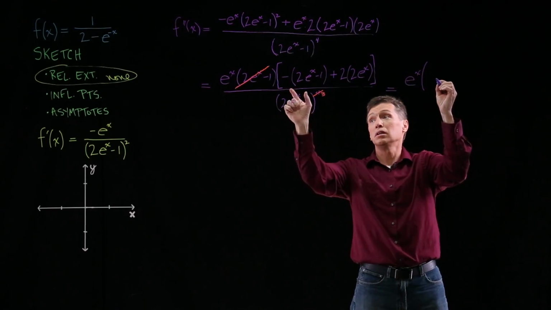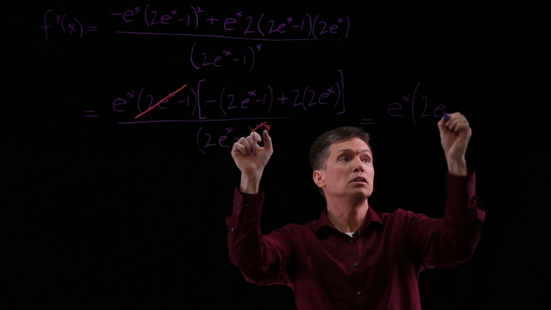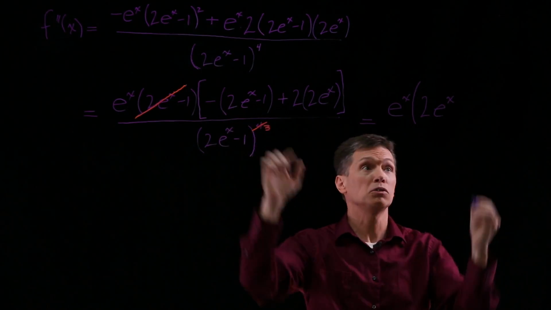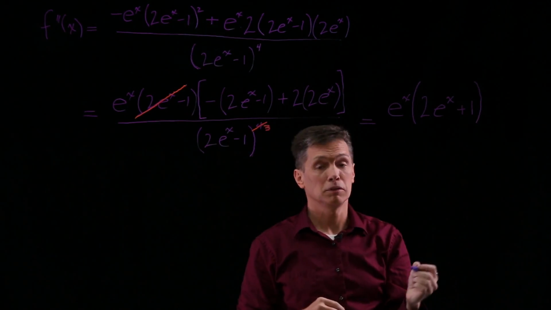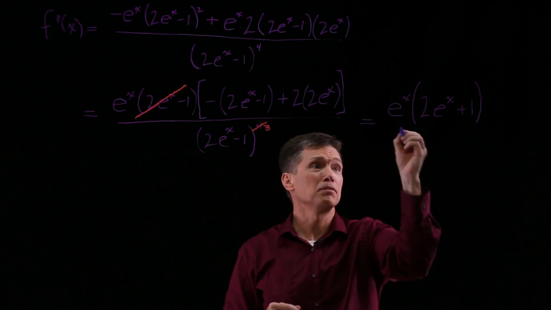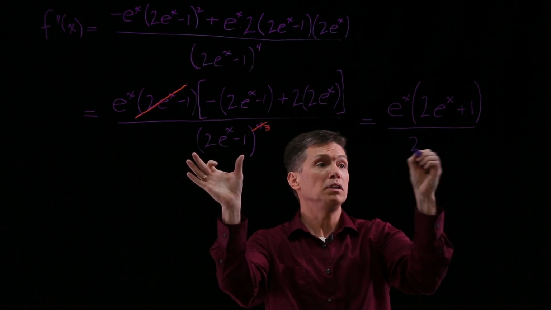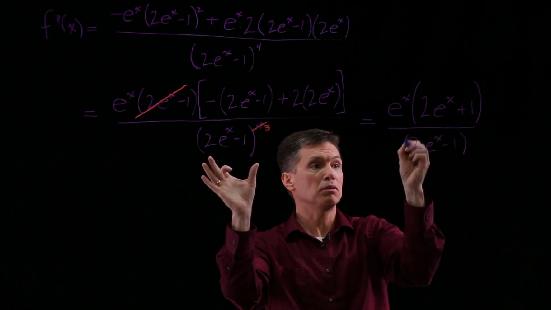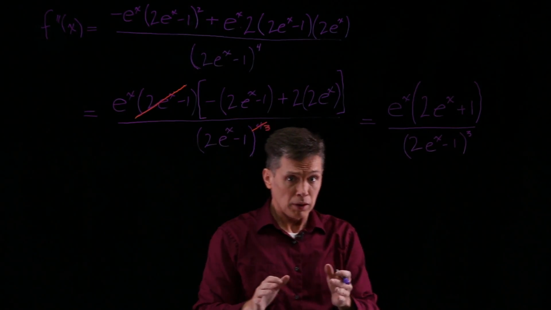So that's going to be 4, take away 2, 2 e to the x. All right? And then minus a minus 1 will be plus 1. And it cleans up kind of nicely, I think. And then divide by this 2 e to the x minus 1, now to the 3 power. All right? Okay. This is good.